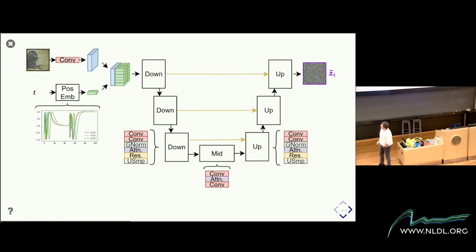The only thing to notice here is this part over here. To do this denoising operation, we also need to tell the network at which step we are in the chain. This step is defined by the time index t, okay? It can be like 20, like we saw before, 50, whatever.